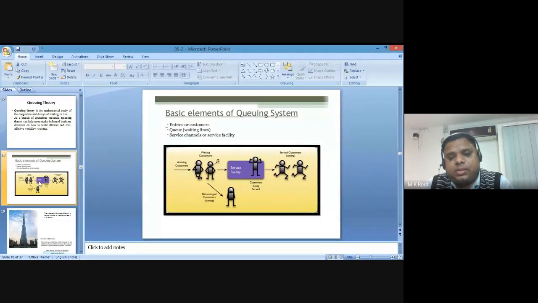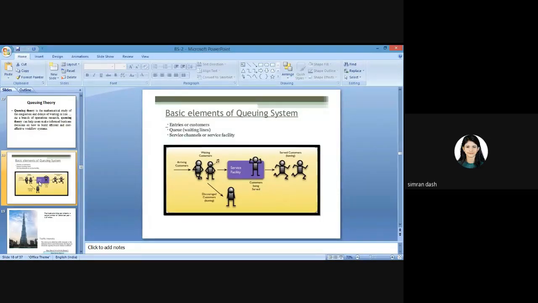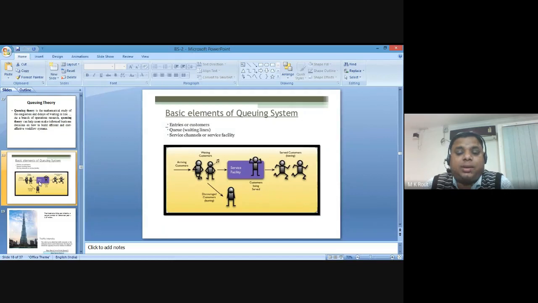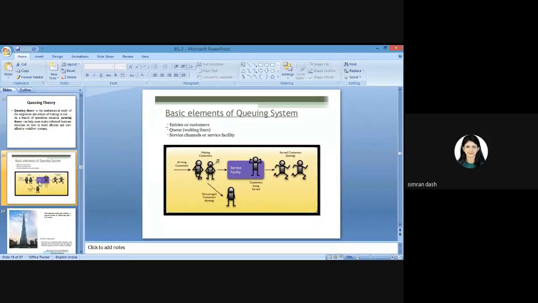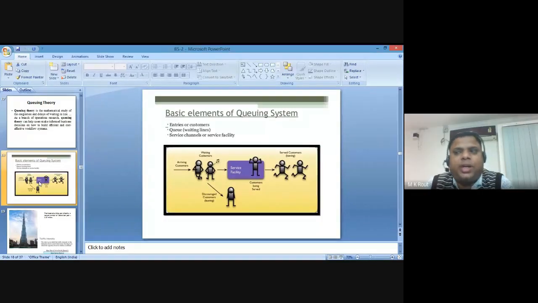But if the waiting customers get delayed service, can they also become discouraged customers? No, these are not discouraged. I will show that particular formula. These are on waiting lines. Suppose the waiting line directly belongs to fast service.